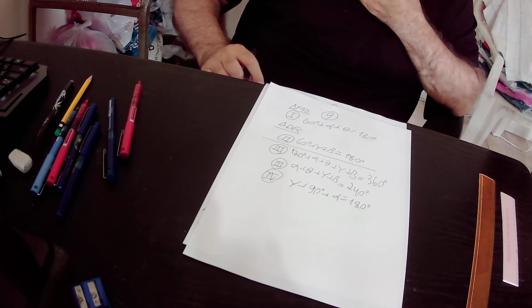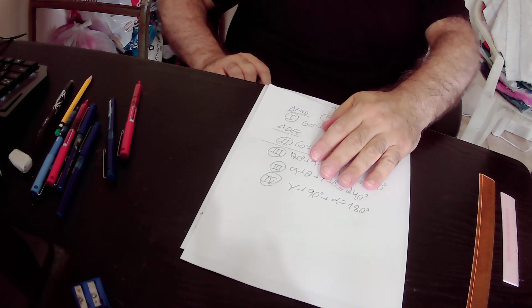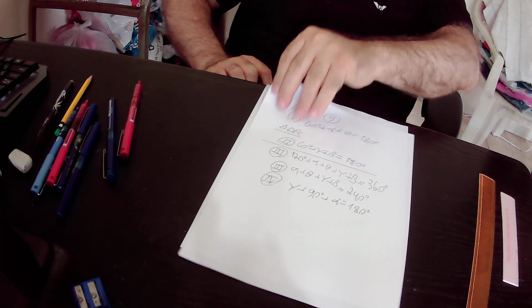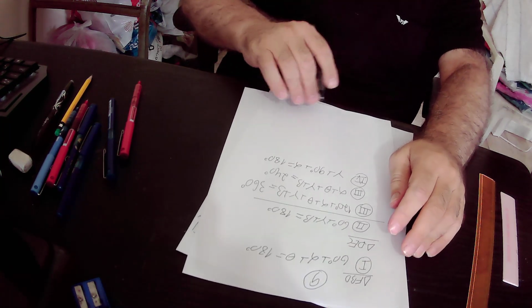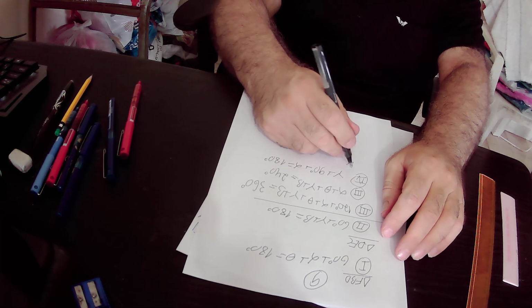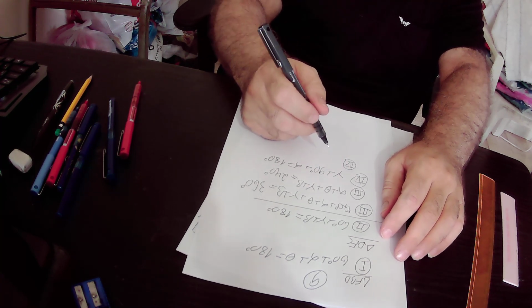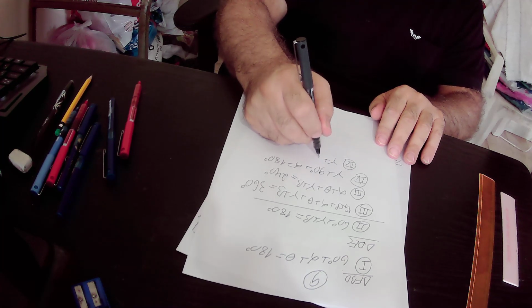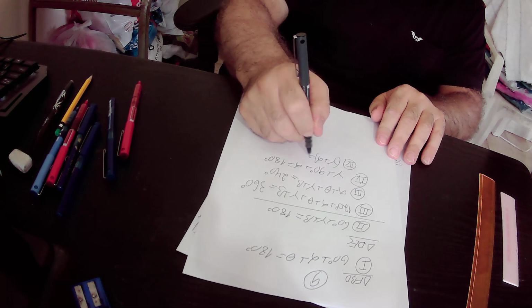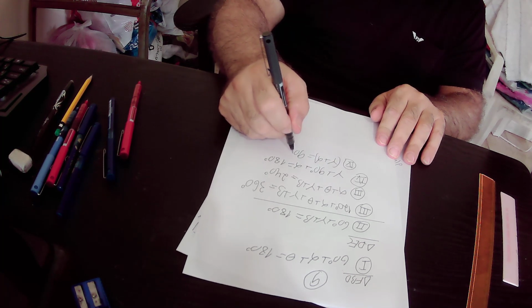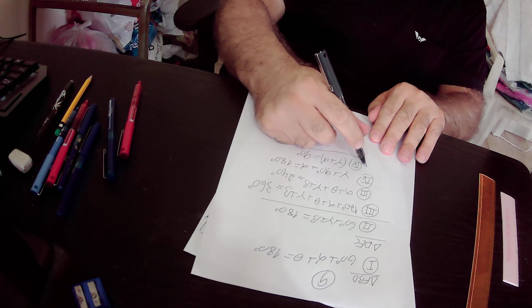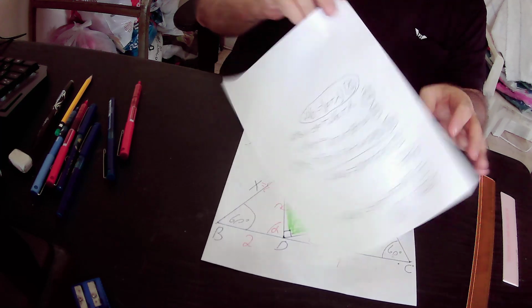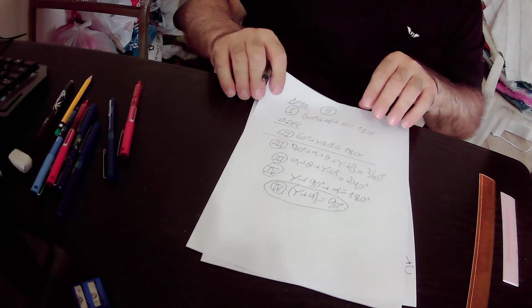Okay, so here we will subtract 90 degrees from equation number 4, and we will get that gamma plus alpha equals 90 degrees.